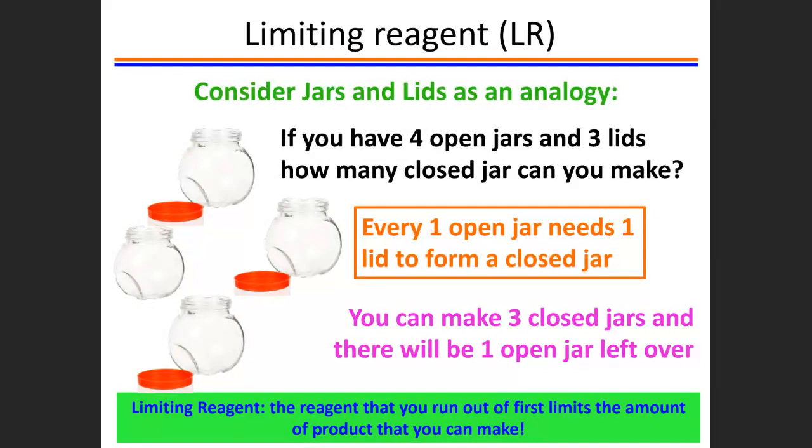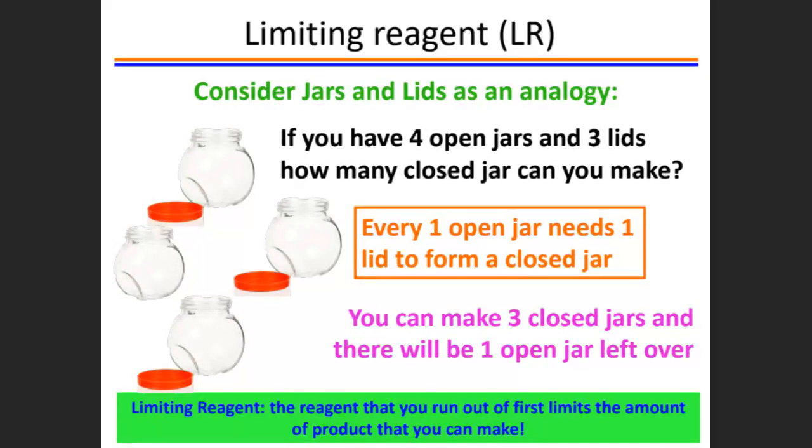So let's say A and B are two reagents, A and B combine and make C. But if you run out of A, can you make C anymore? No. So in that moment, A will be the limiting reagent. Got it? So which reagent will finish faster? This is how they say that if you don't have sufficient lids, it doesn't matter how many open jars you have, you can only make as many as you have lids, correct?